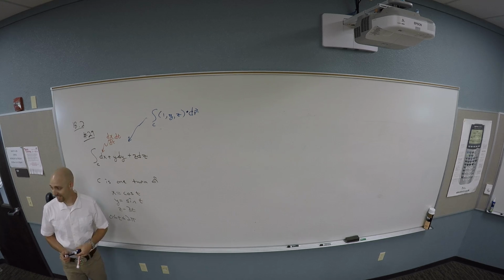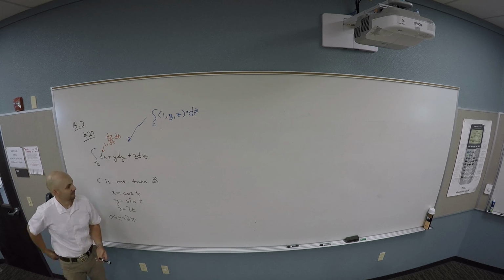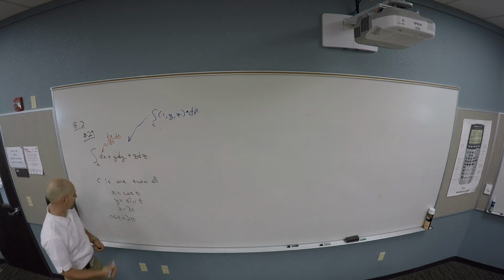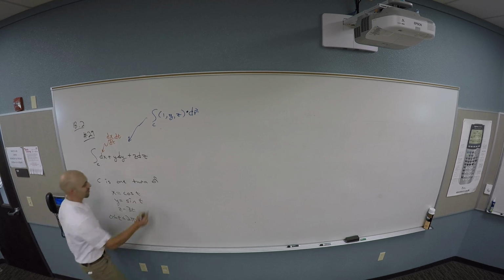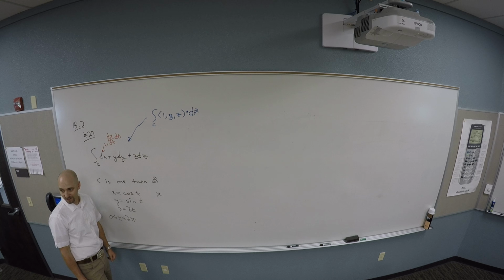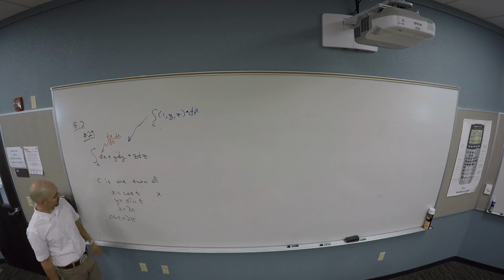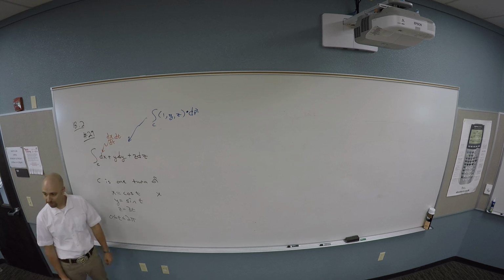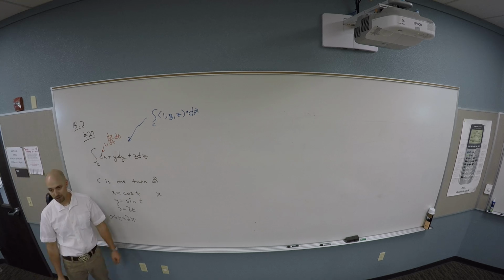So many dt's. Okay, so what do you do? Just plug in values. I recommend that you spend a second next to your term. So I've got my helix: x is cosine t, y is sine t, and z is 3t, from 0 to 2 pi, one turn.